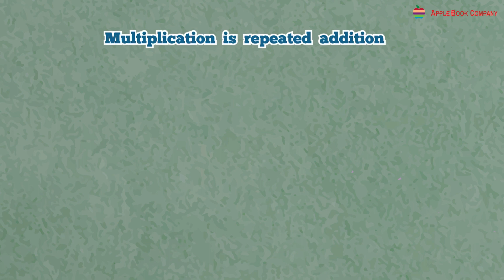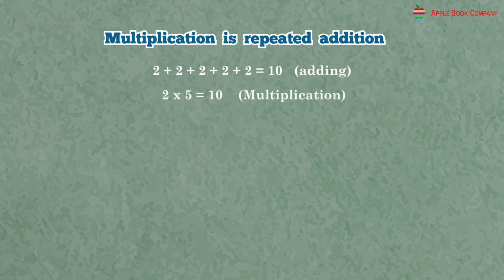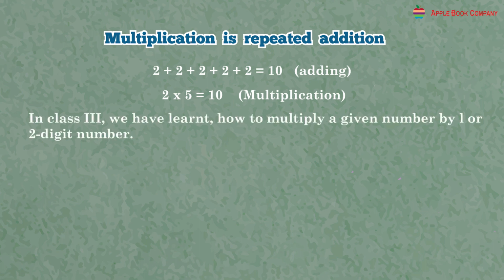Multiplication is repeated addition. Instead of adding the same number many times, it is easier to calculate by multiplication. In class 3, we have learned how to multiply a given number by a one or two-digit number. Let's revise them.